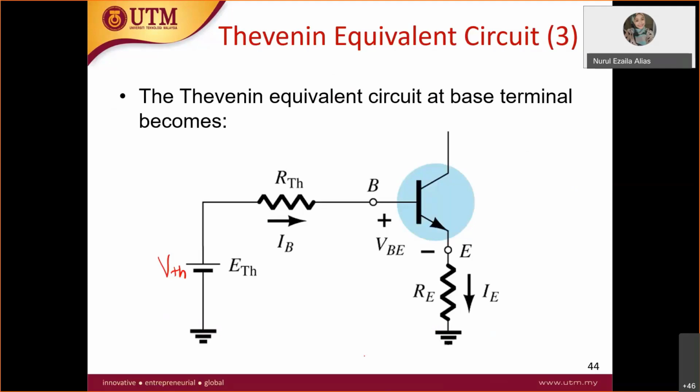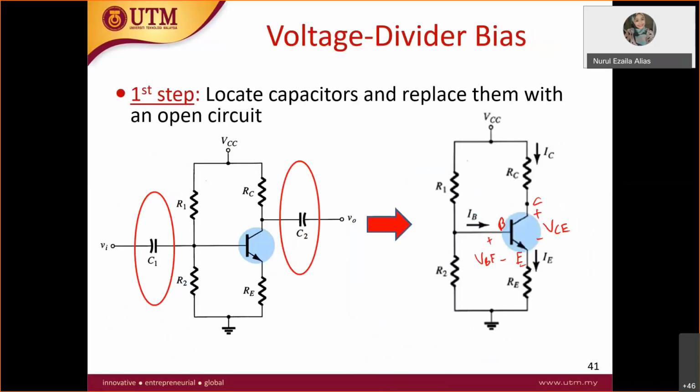For the output part, since you have solved the input part just now using Thevenin, R1 and R2, the output part at the collector terminal is the same as what you solved in the emitter stabilized circuit just now.